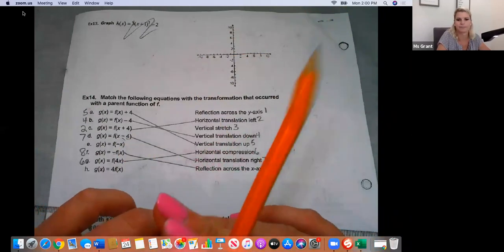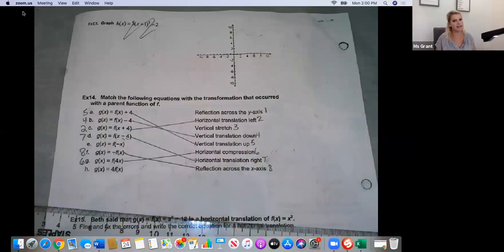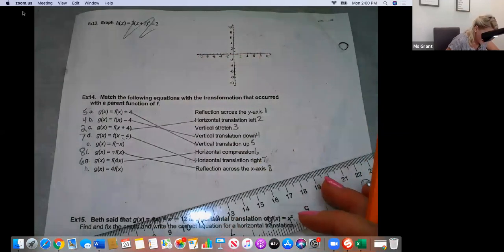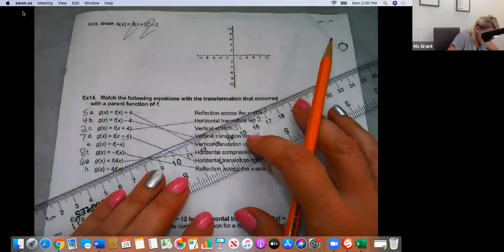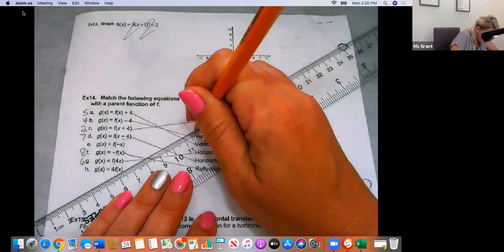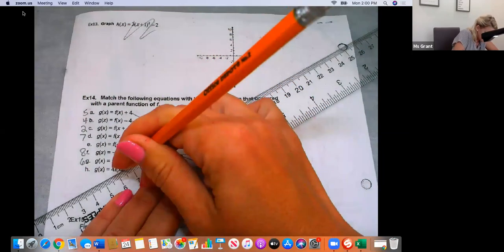E and H. I need E and H. No one. Crickets. Okay, check this out. The stretching means H is going to be 3, and the reason why is because that number 4 is a stretch.